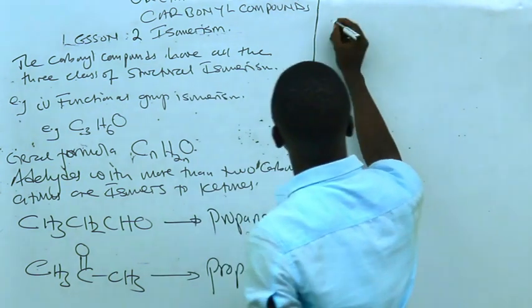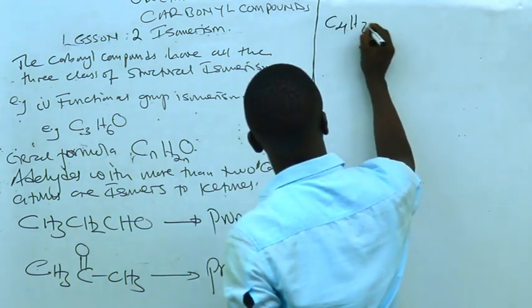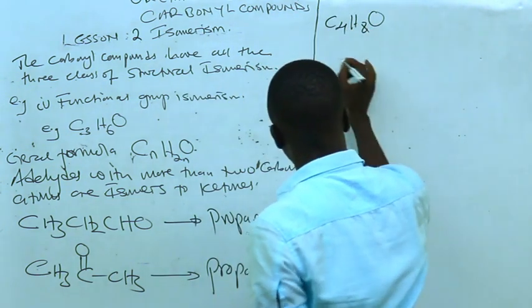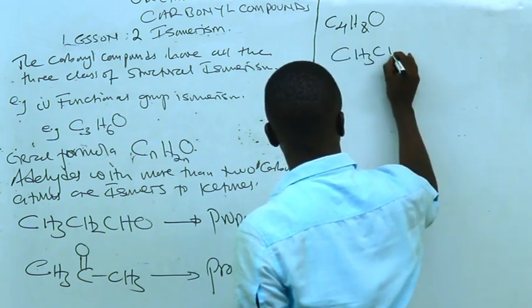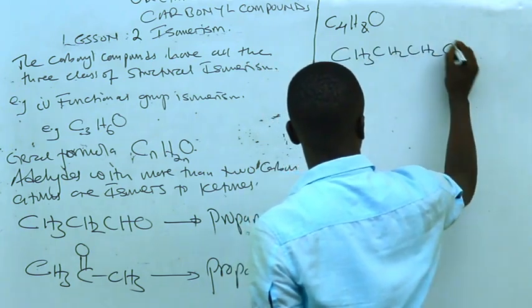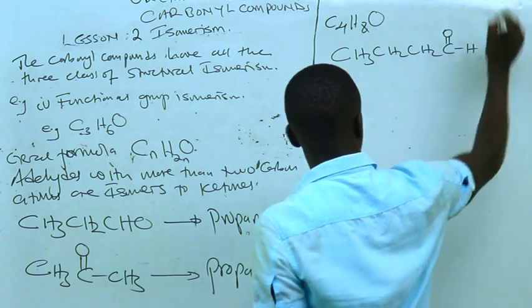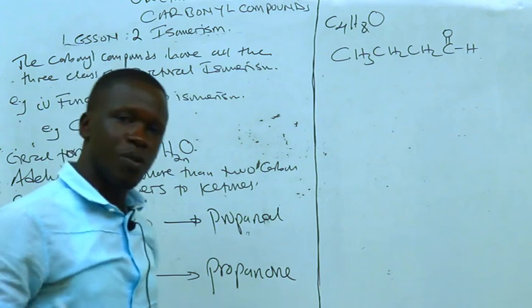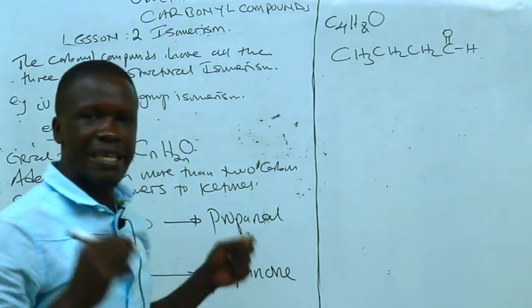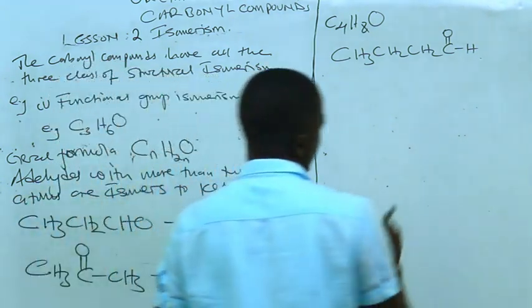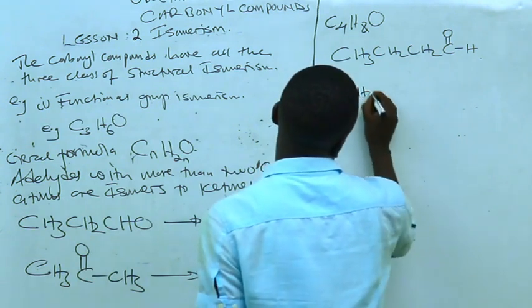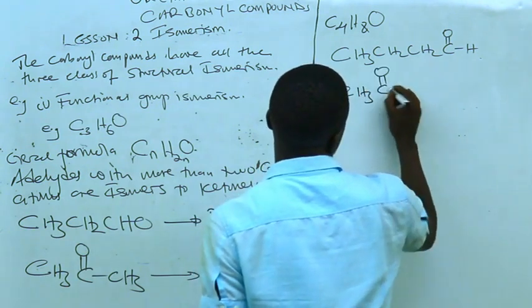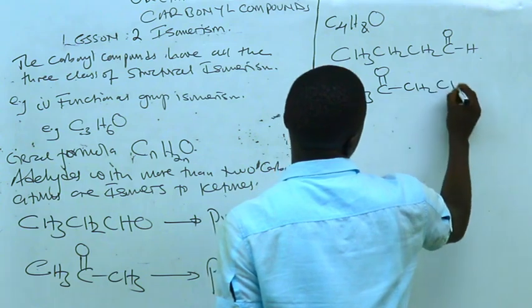Another example, what if we had C4H8O? These are 4 carbon atoms. So an aldehyde with 4 carbon atoms would look like that. And then it is possible to have a corresponding ketone as another functional group isomer. So we will have CH3, C double bond O, CH2, CH3.